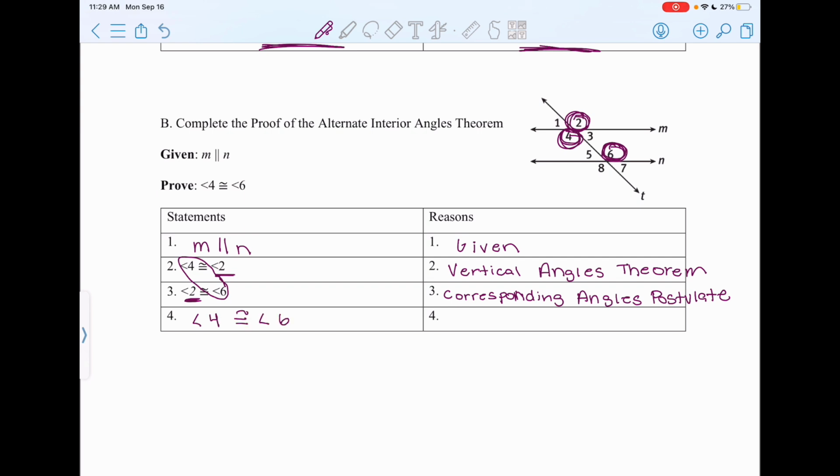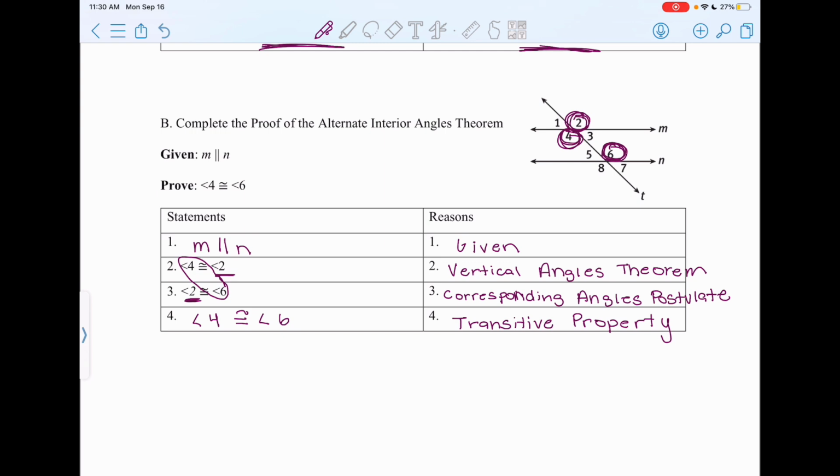Because both angle 4 and angle 6 are congruent to angle 2, they must be congruent to each other. So we proved that alternate interior angles are congruent.